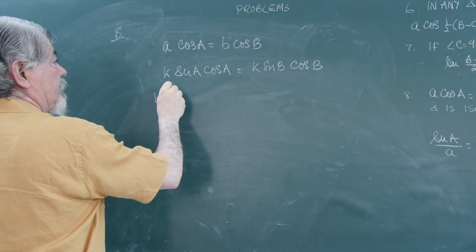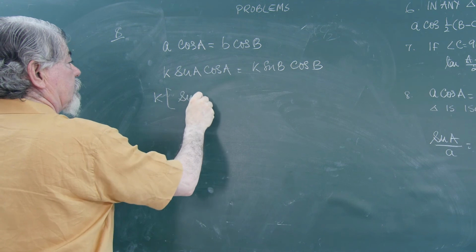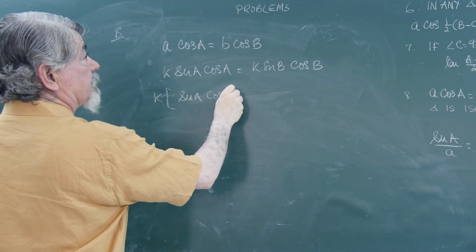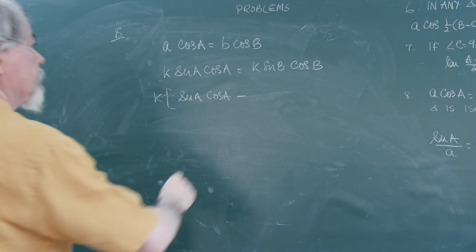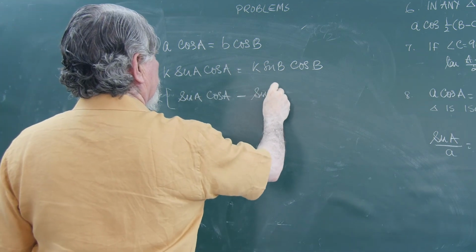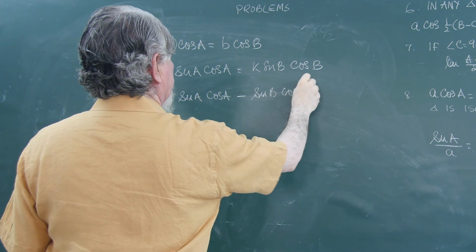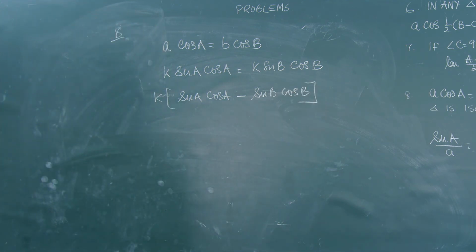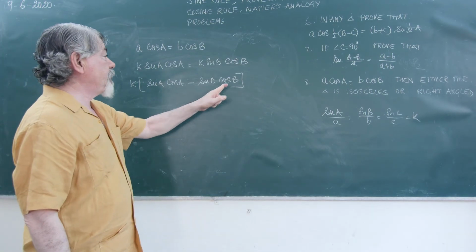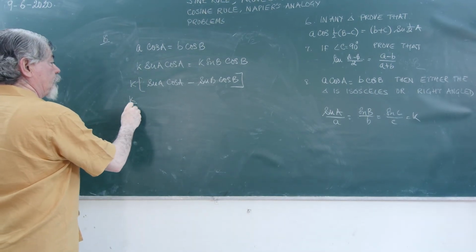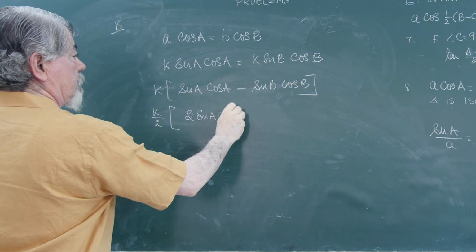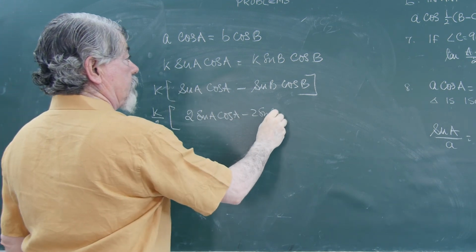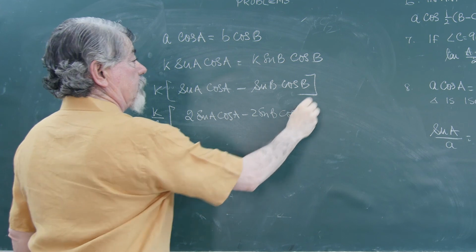Let's take k common, so it will become k (sin A cos A minus sin B cos B) equal to 0. I have multiplied and divided by 2, so k upon 2 (2 sin A cos A minus 2 sin B cos B) equal to 0.